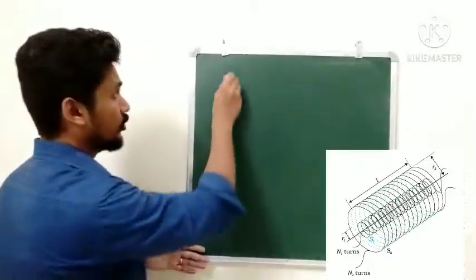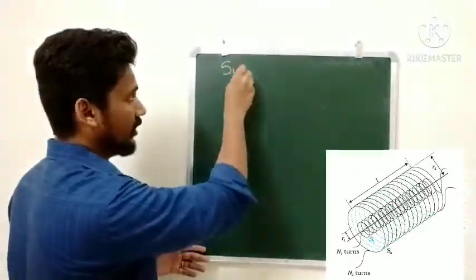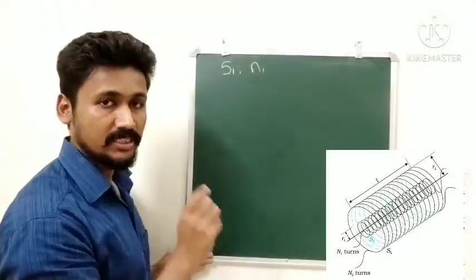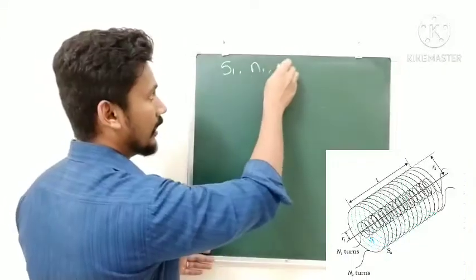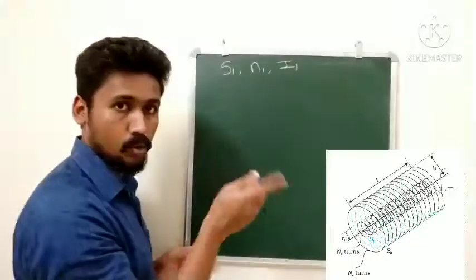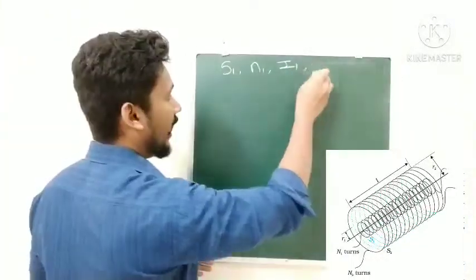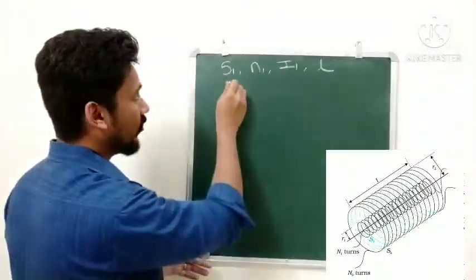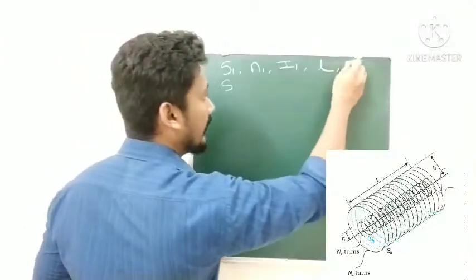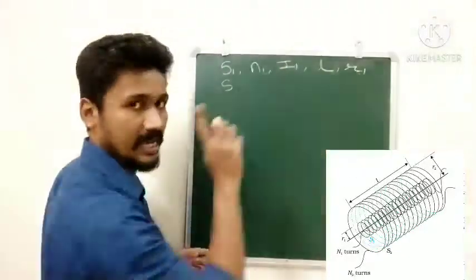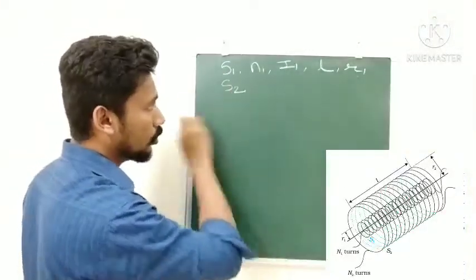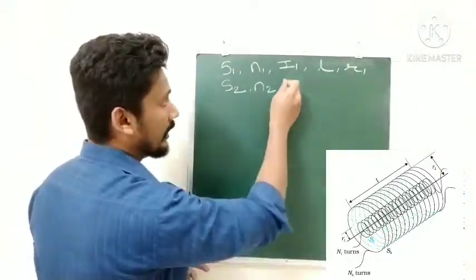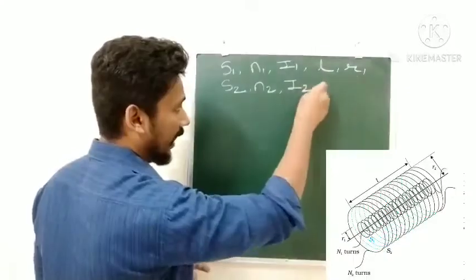So here is what we are assuming. Solenoid S1 has N1 turns per unit length. There is a current I1 going in solenoid S1, and it has length L. The radius of solenoid 1 is R1. For solenoid 2, it will have N2 turns per unit length. The current in solenoid 2 will be I2.